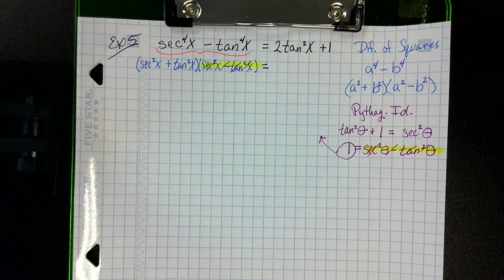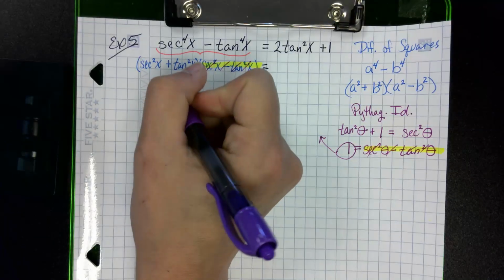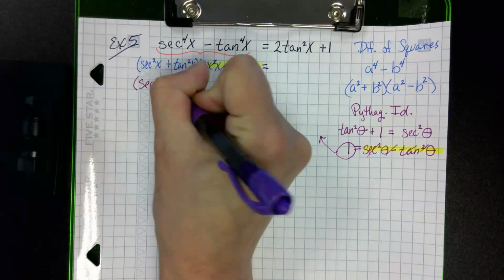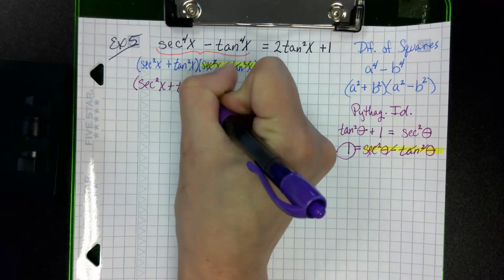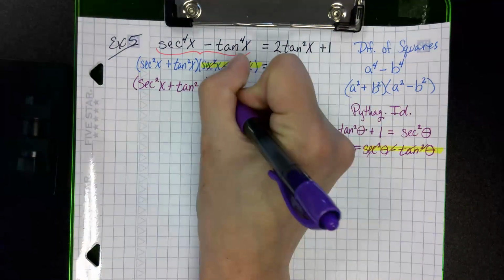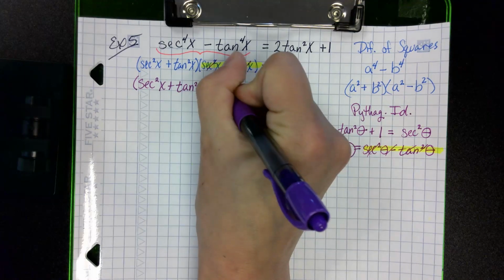And I know this part, most of you probably would not want to write this down or the next step, but when you're doing verifying identities, you need to show all the little teeny tiny steps. So now I didn't do anything here. Secant squared x plus tangent squared x. But the second set of parentheses, now I'm putting 1 in there.